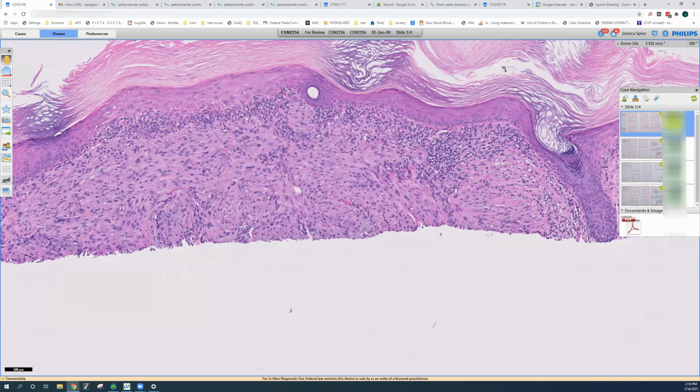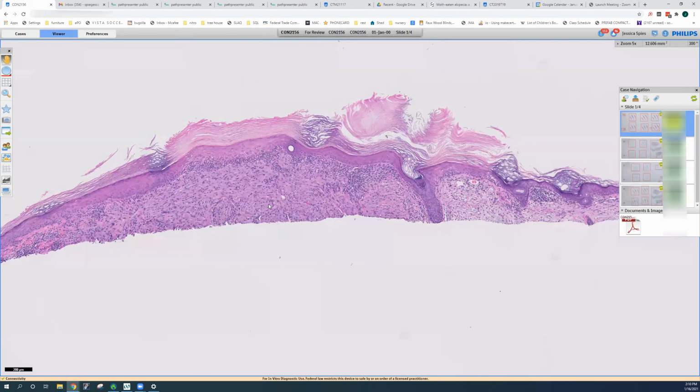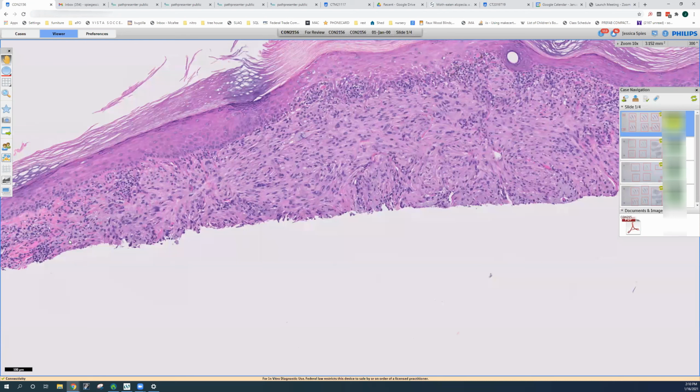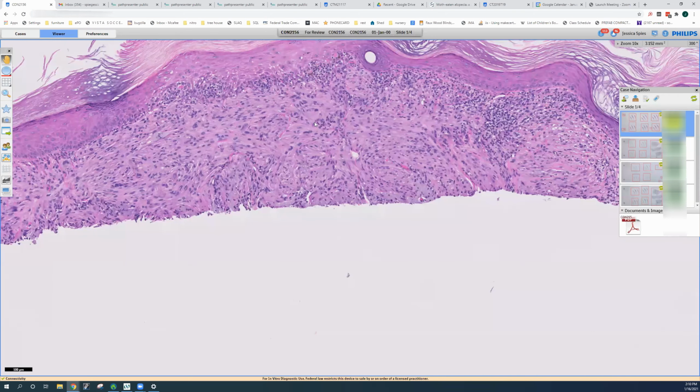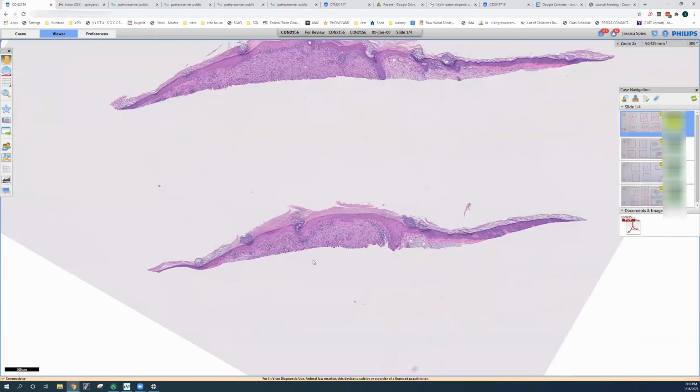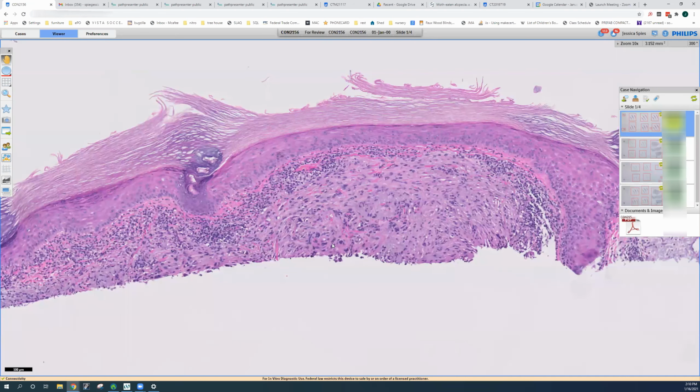Spindle cell squamous cell carcinoma and spindle cell melanoma would be the top three in the diagnosis here. You might also think about leiomyosarcoma. These kind of are forming fascicles, if you use your imagination here. So in order to make the diagnosis here, we have to do immunostains.